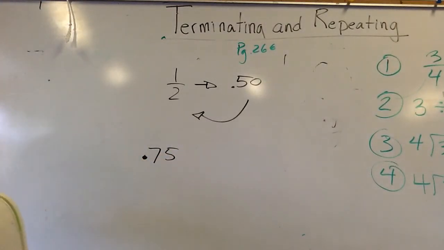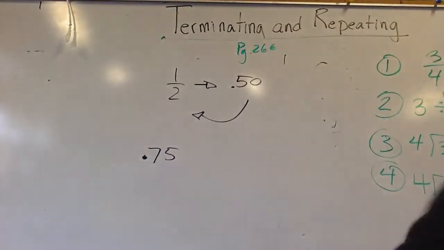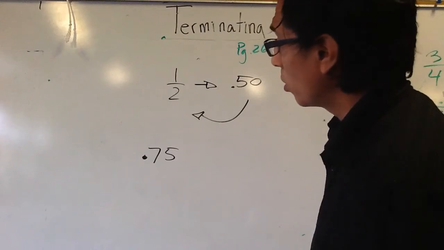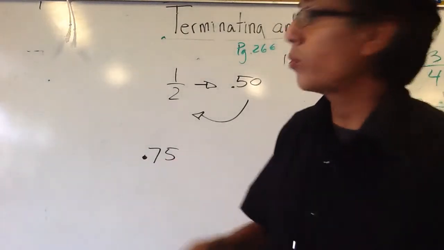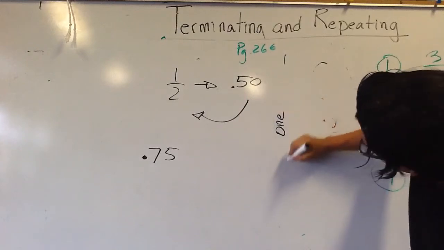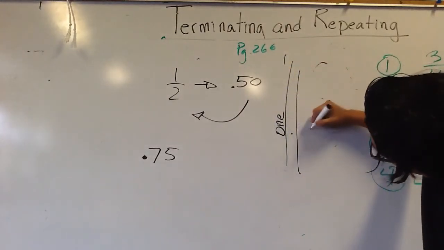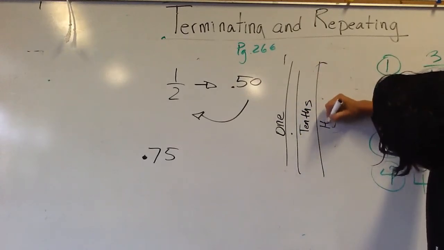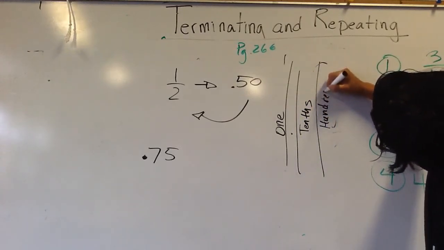Now guys, here's the problem with saying this is 0.75. When you say it that way, you miss out on a more complete way, which is 75 hundredths. Here's ones, decimal, tenths, hundredths.